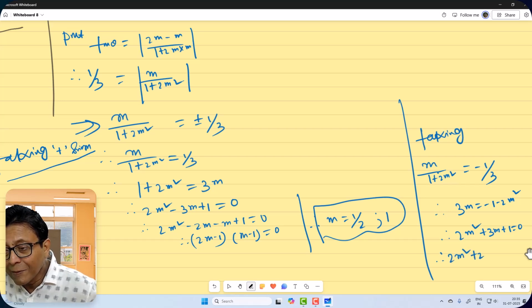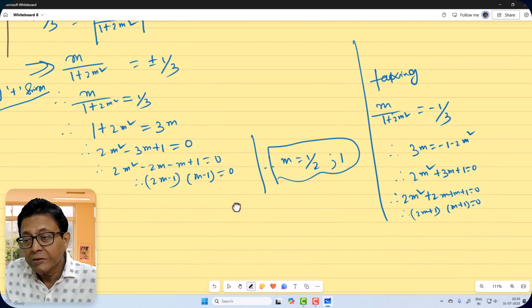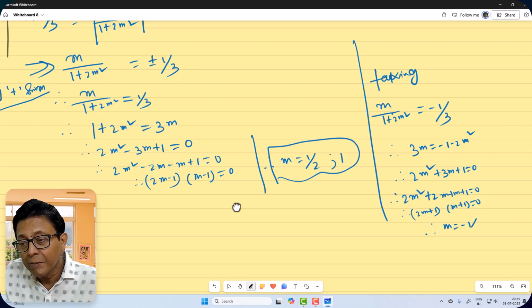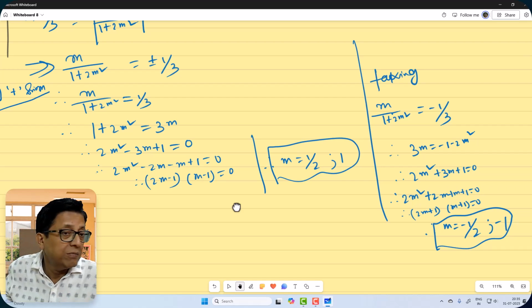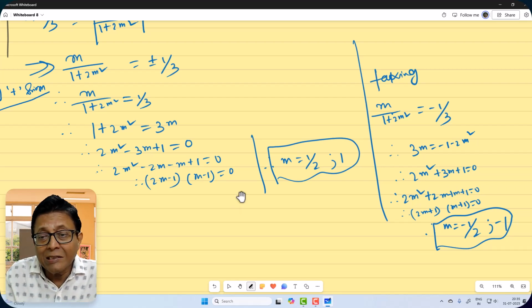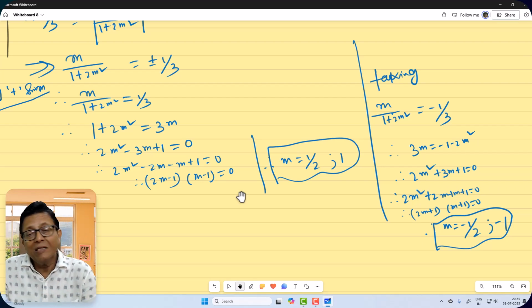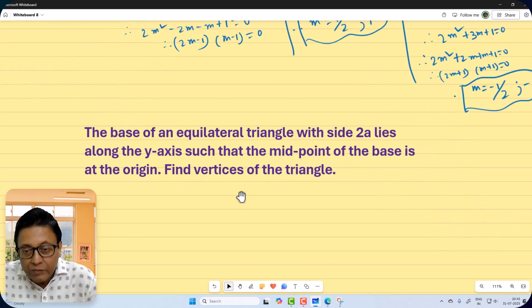Go by middle term break factorization. It comes to 2M plus 1 times M plus 1. So M is coming minus half and minus 1. One is double the other. So both are possible. It may be half and 1, it may be this pair or this pair, because then one slope is going to be double the other.